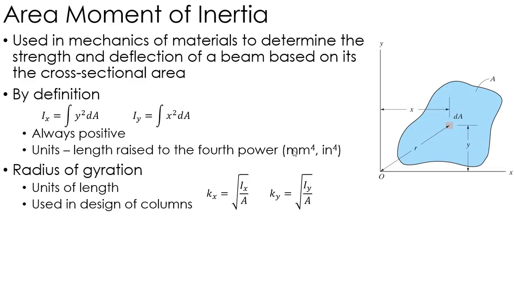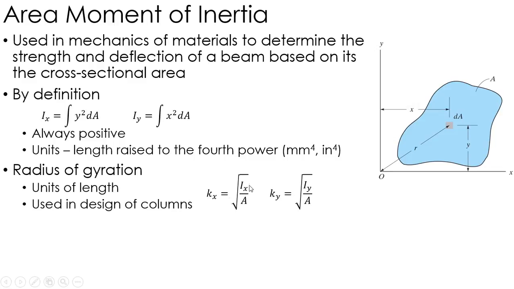Another way we can define or tabulate these moments of inertia is through something called the radius of gyration. It's basically just re-quantifying the moment of inertia using units of length, and this is used in the design of columns in mechanics of materials. So the radius of gyration is essentially this value k.